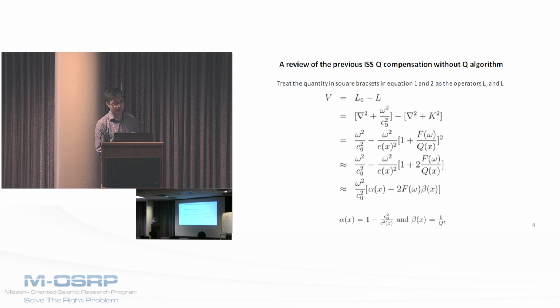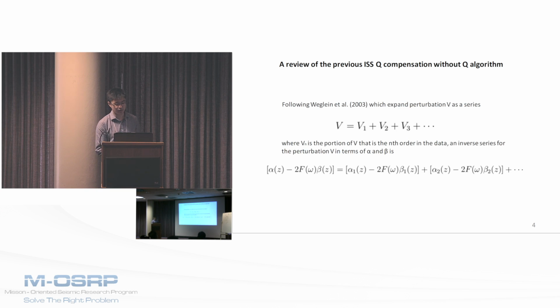Following Weglein 2003, in the inverse series, the perturbation V can be expanded as a series, V1 plus V2 plus V3 and so on. Here each term Vn is the portion of the perturbation that is the nth order in the data.